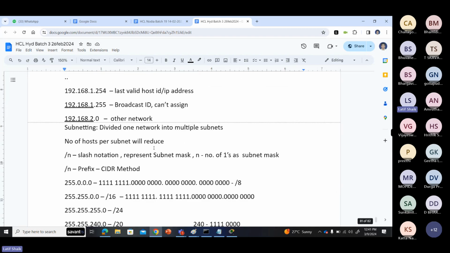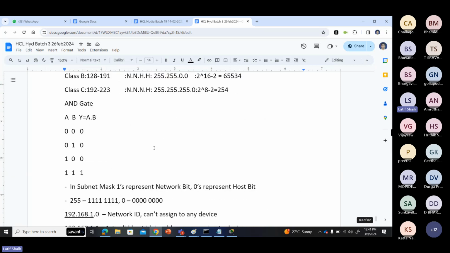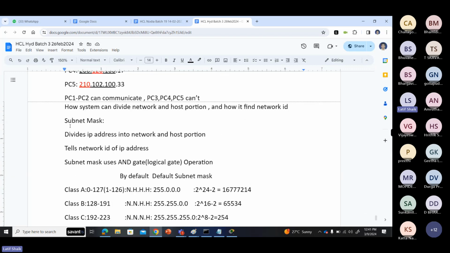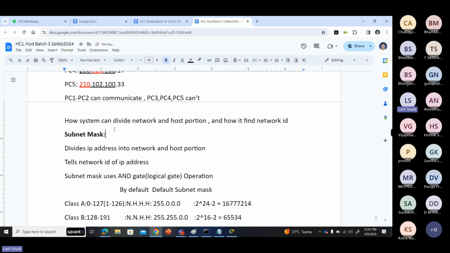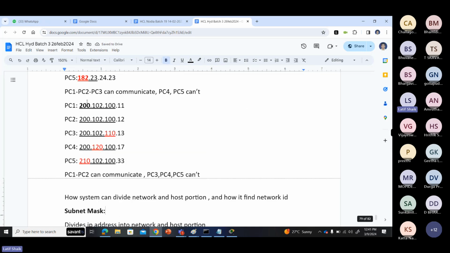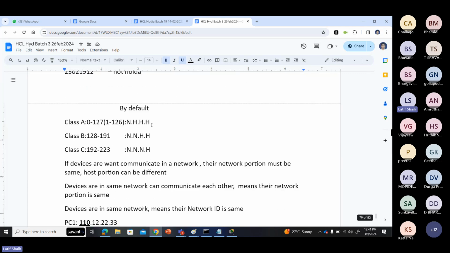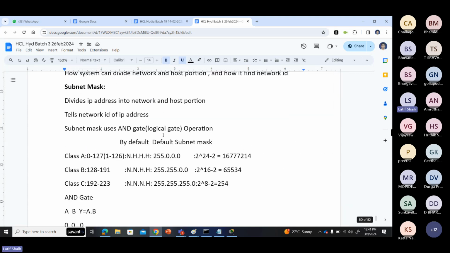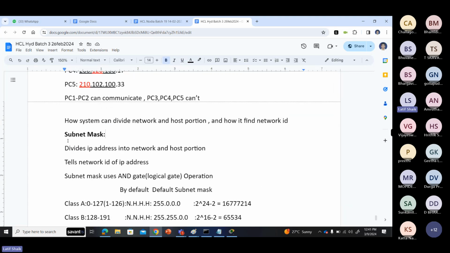The last part of this topic is the subnet mask. Your system understands by seeing the first portion of the IP address which class of IP address it is, and based on that we can understand by default which is the network portion. Now how will the system understand this based on the subnet mask?